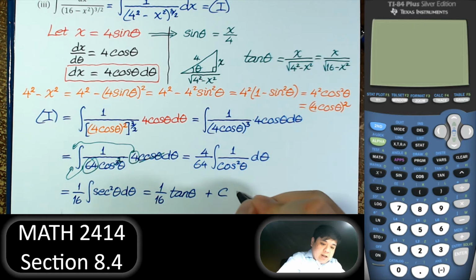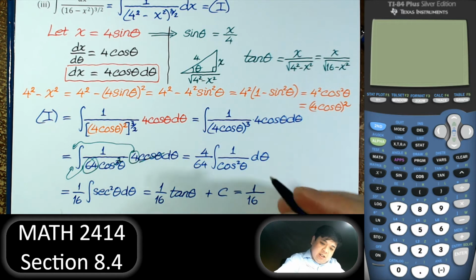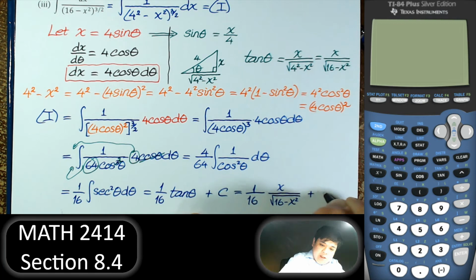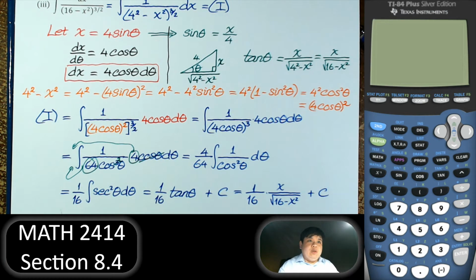So we just have that. So it says 1 over 16 tangent that. I noticed that we cannot simplify anything here, so just leave it like that.